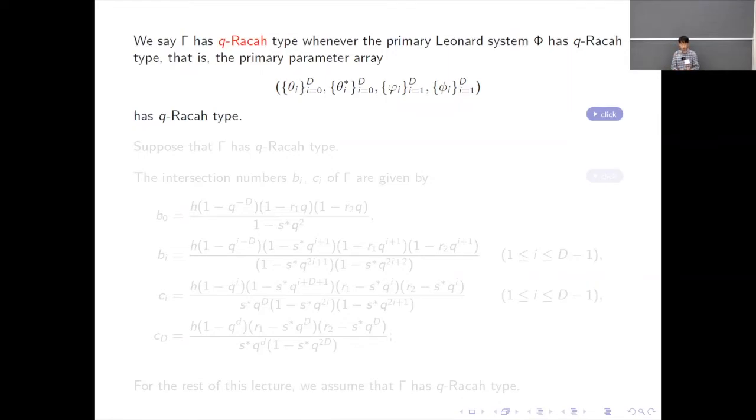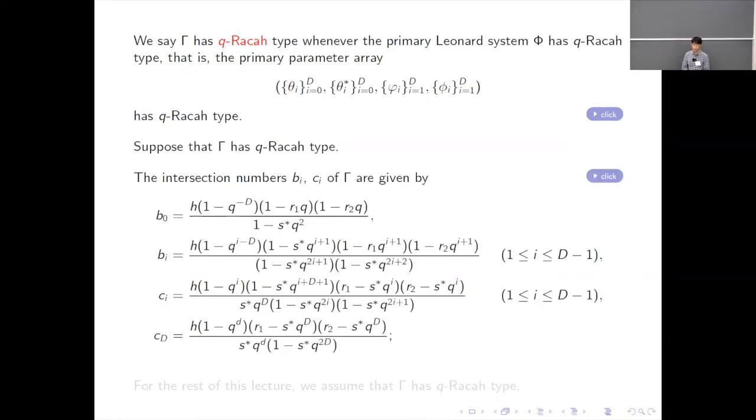So with this q-Racah type, we can describe the intersection numbers b_i, c_i in terms of our parameters s star, r1, r2. These are all integers because we avoid all the degenerate situations. So throughout this lecture, we just assume that our graph has q-Racah type.